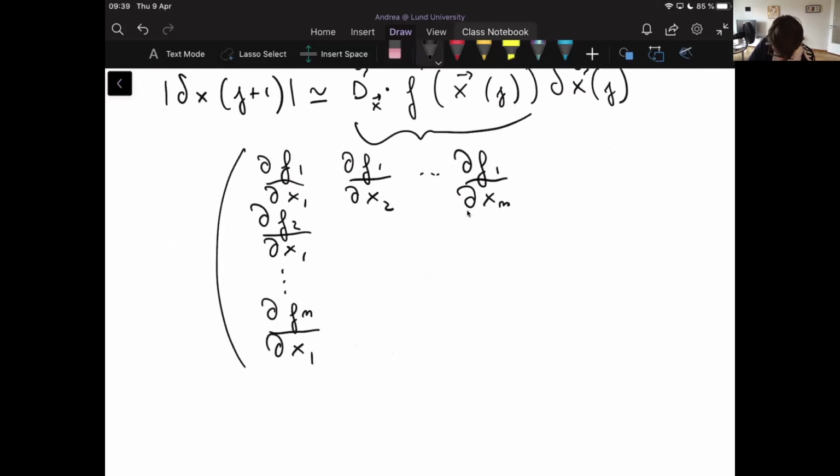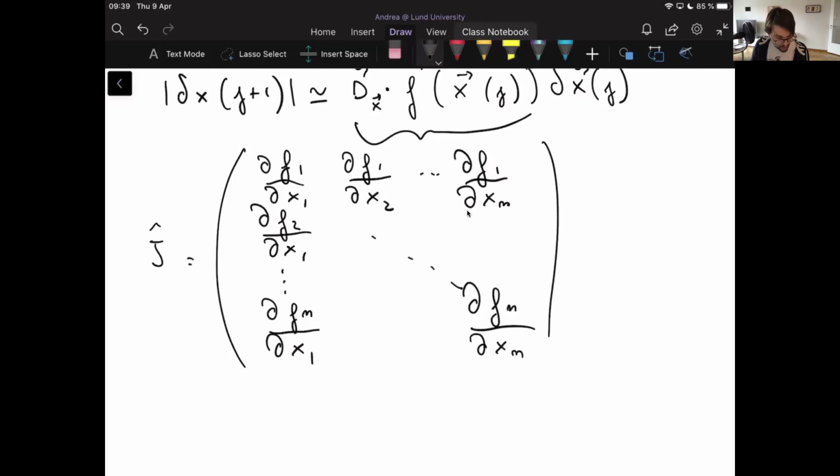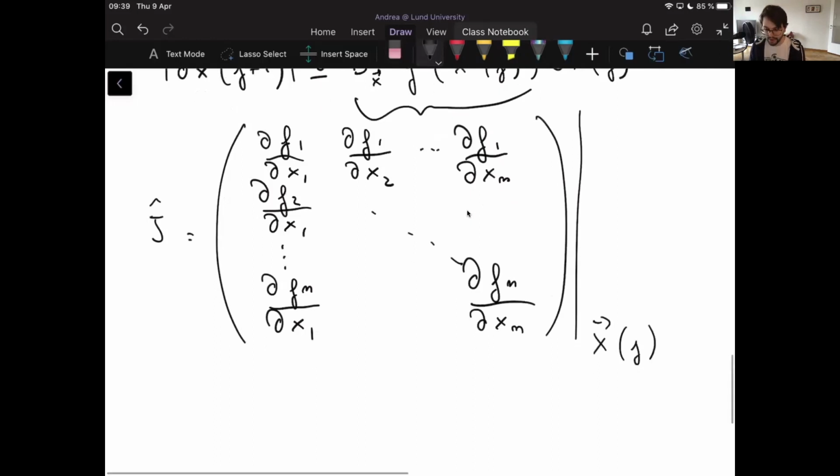So this is my Jacobian matrix. That is the derivative in many dimensions, if you want to simplify it in this way. So this is the derivative of fn with respect to xn. I hope you are all familiar with the Jacobian, and the Jacobian has to be evaluated at a given point, a given xj.